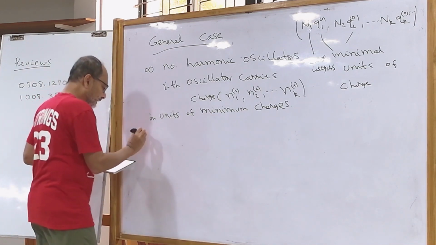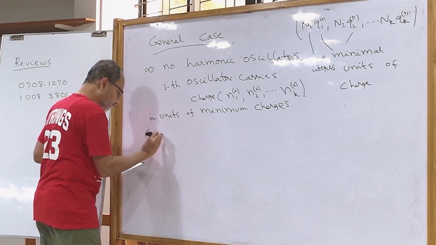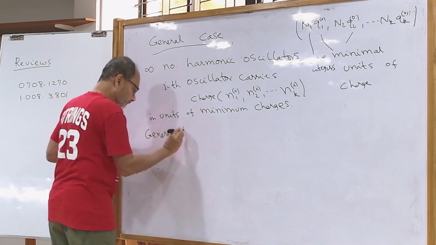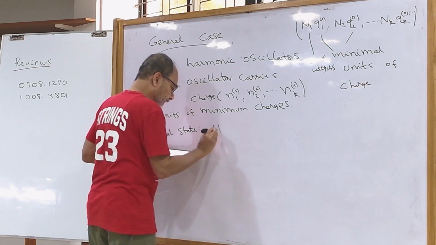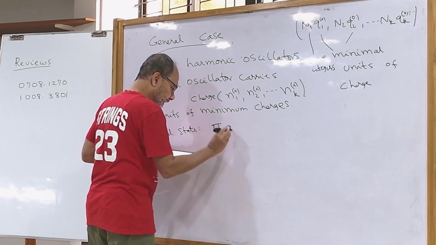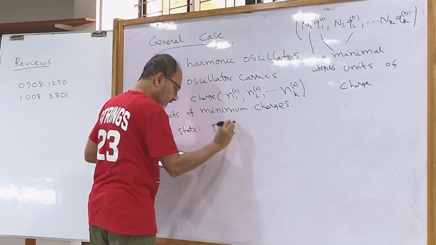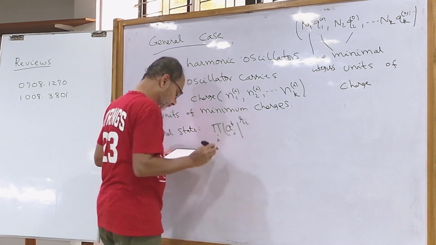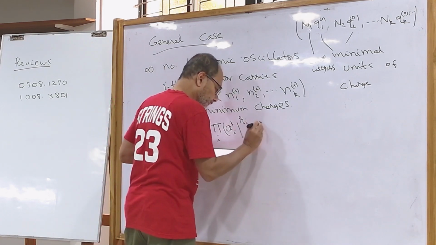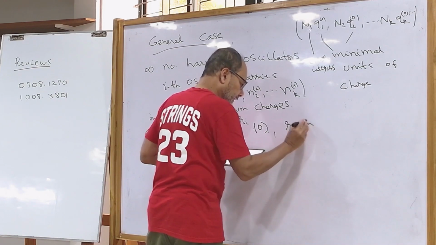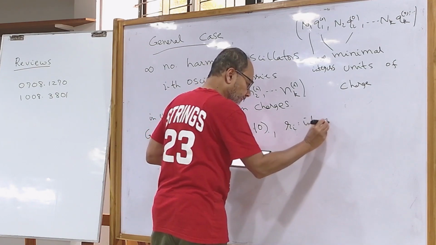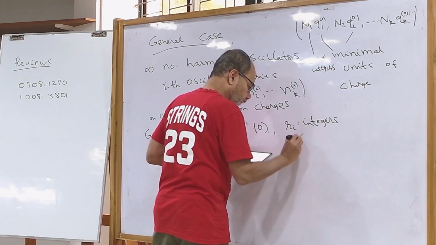So a general state will be given by product over i, ai dagger to the power ri on the vacuum, where the ri's are integers, from 0 to infinity.